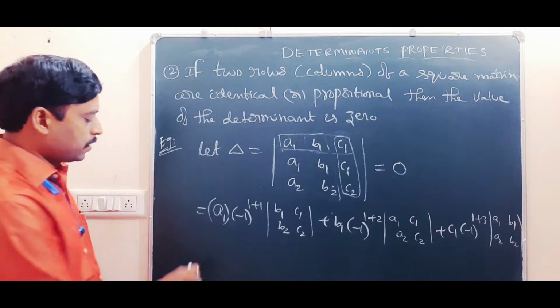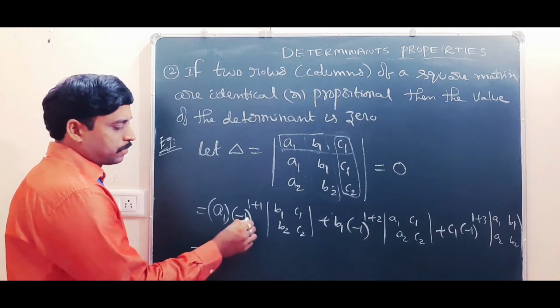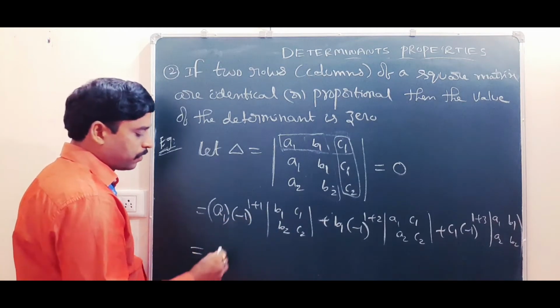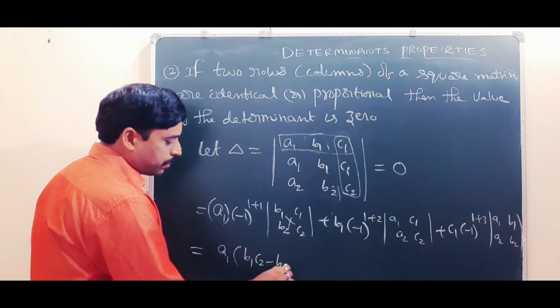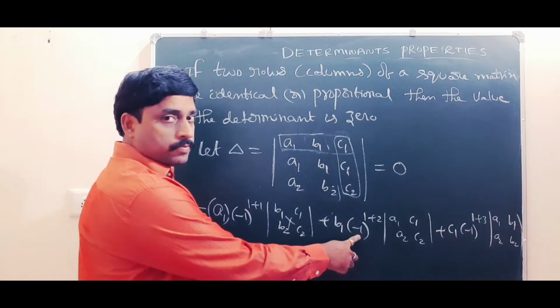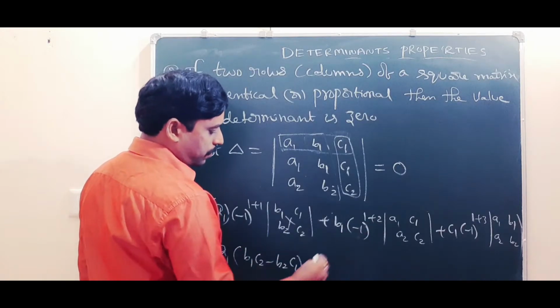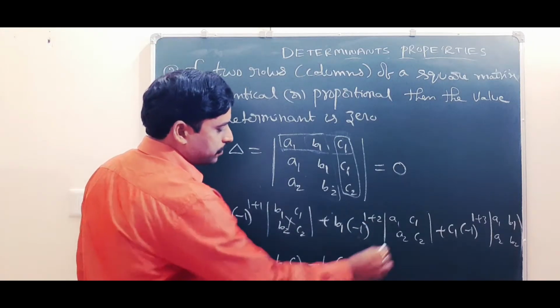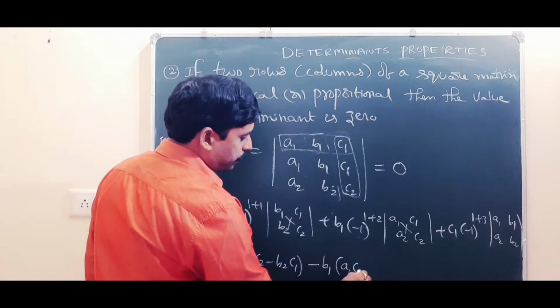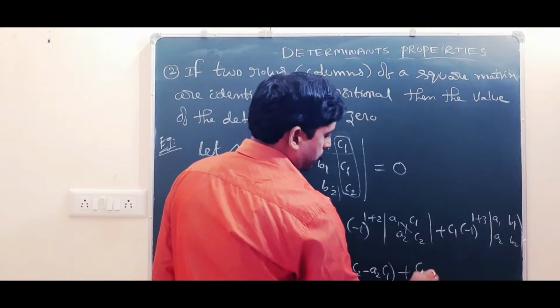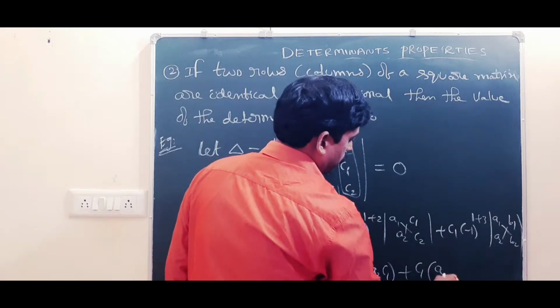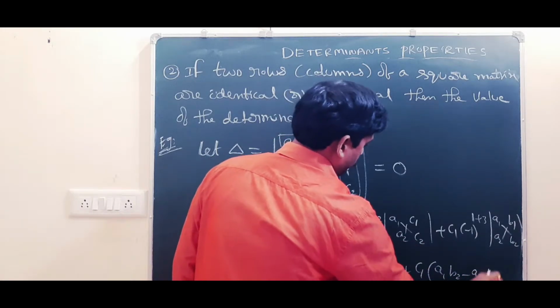Let us do simplification. A1 into, minus 1 power 2 is positive, A1 into B1 C2 minus B2 C1. This is minus 1 power odd, so this is nothing but minus B1 into A1 C2 minus A2 C1. This is plus C1 into A1 B2 minus A2 B1.